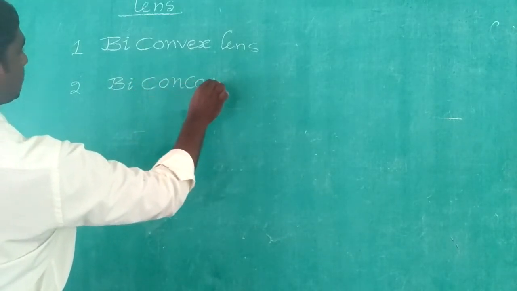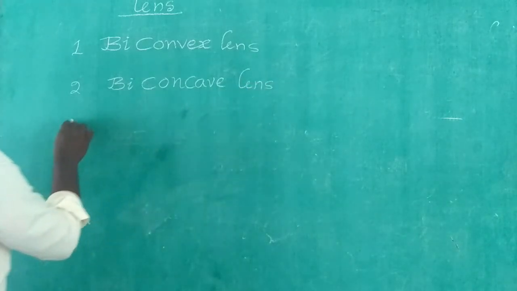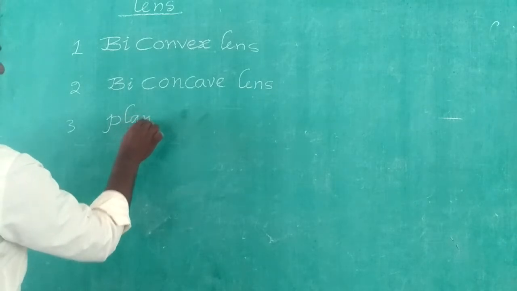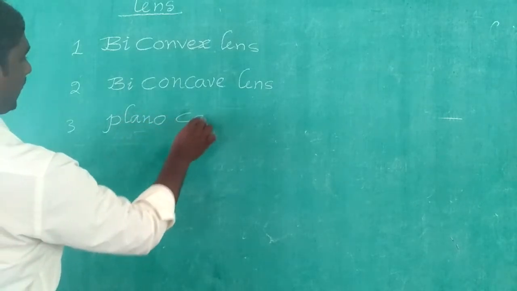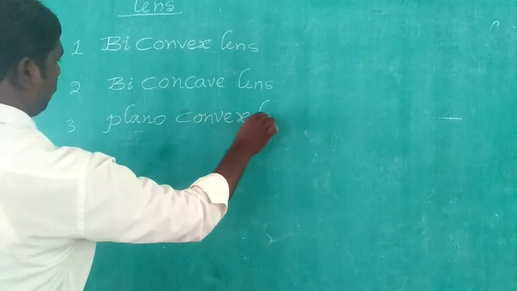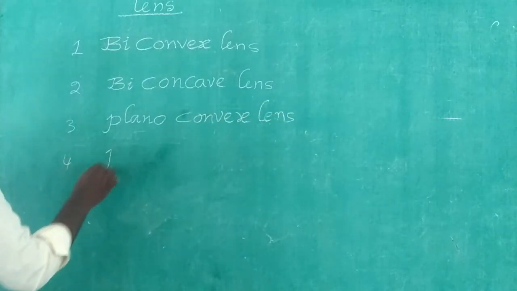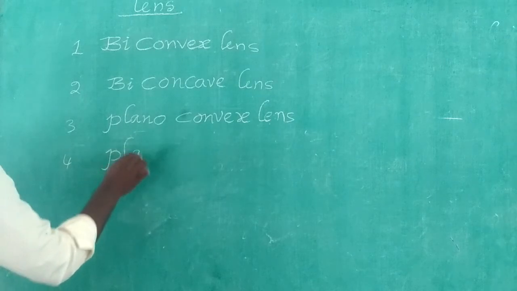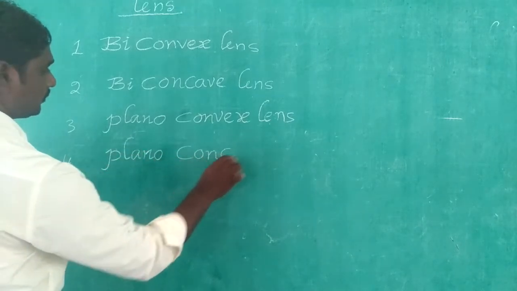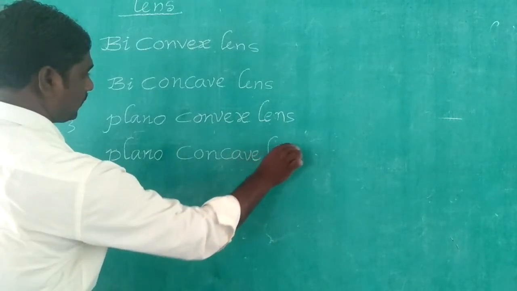The third one is the plano convex lens. The fourth one is the plano concave lens.